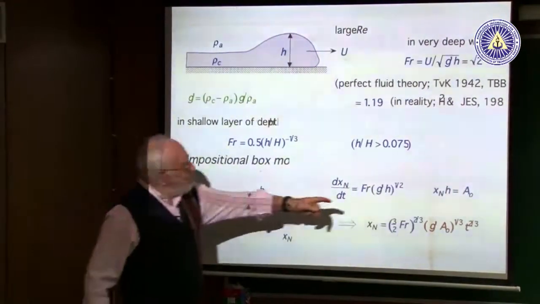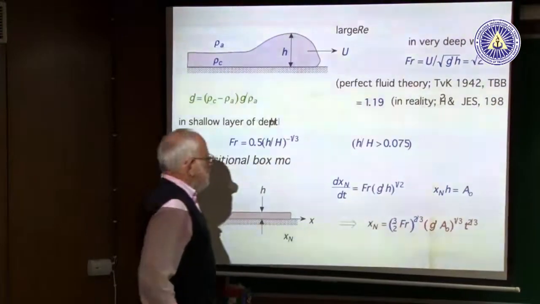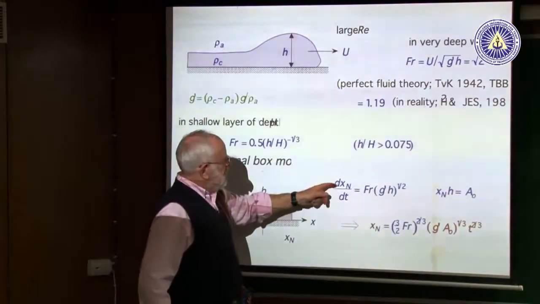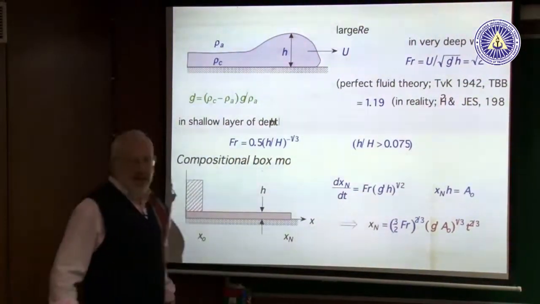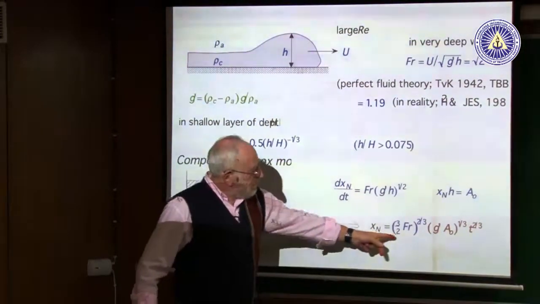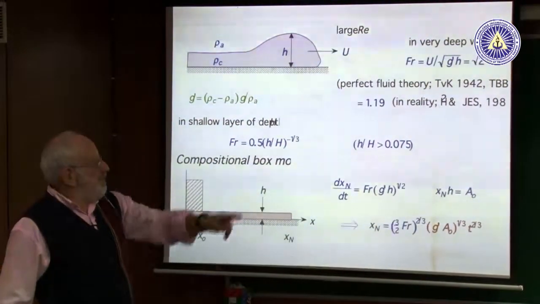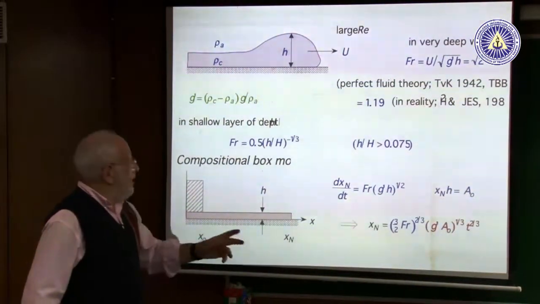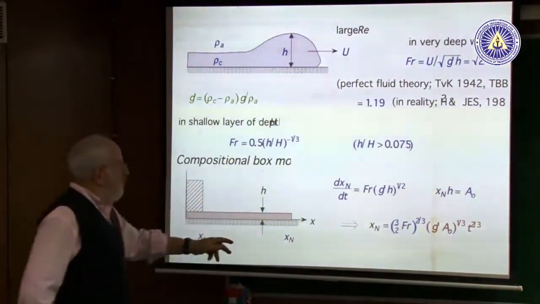And so my conservation equation is going to say it stays at the same area, xn times h, and the final condition that I got here, dxn dt, i.e. the velocity, is the Froude number times g prime h to the half. This is called a box model. And what you get out of that is that it's got to look like this. And I guarantee you it'll look like that. The function is, you work it out, 8 over 3.